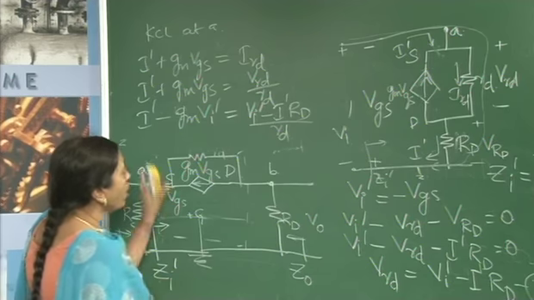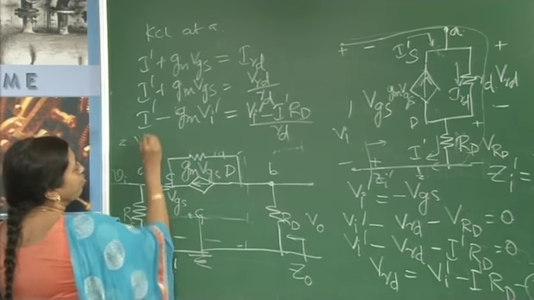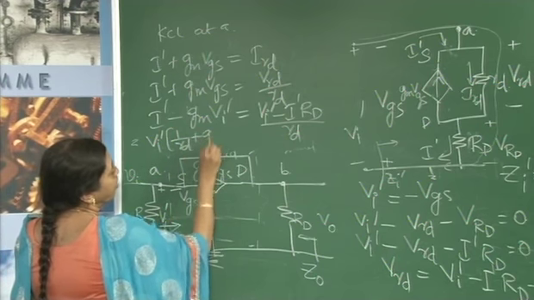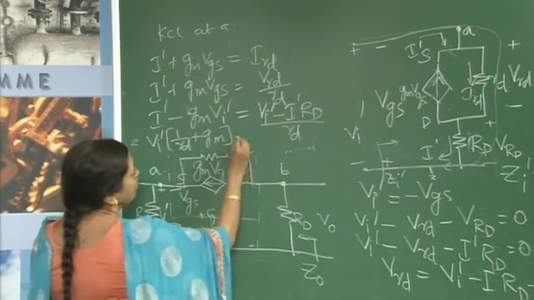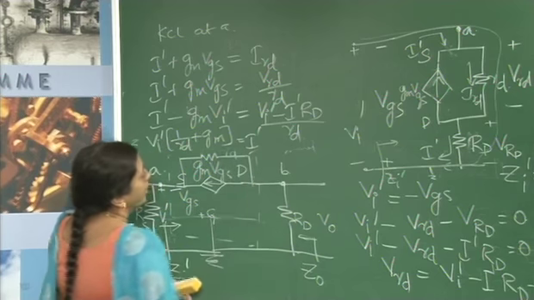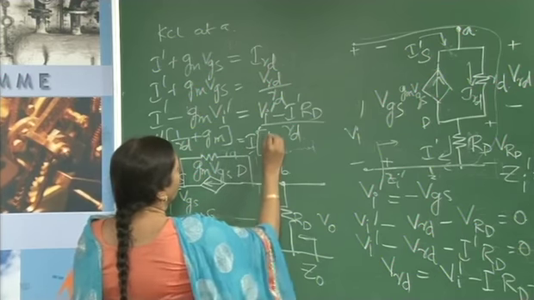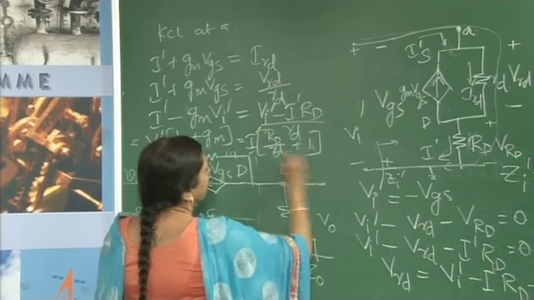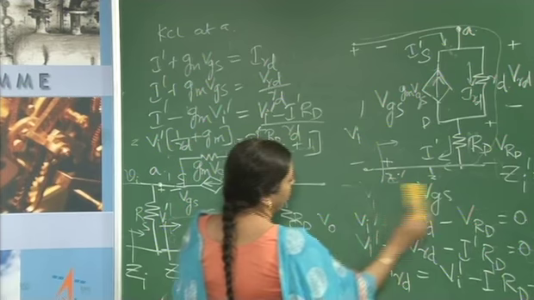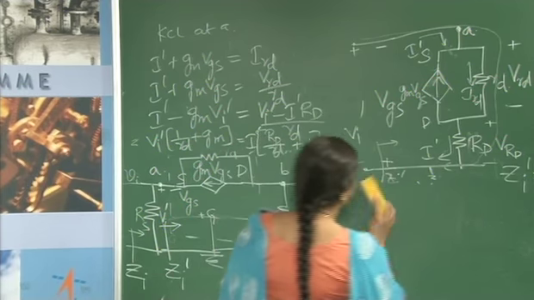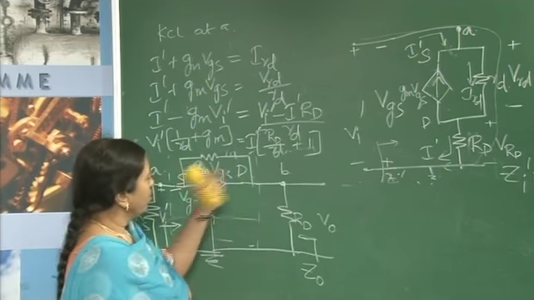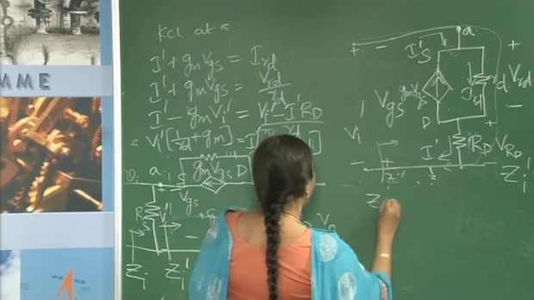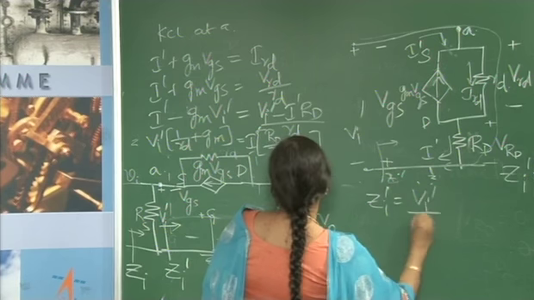Now, group all Vi dash terms. So, Vi dash will be 1 by RD plus gm. This is equal to, group all I dash terms, I dash into 1 by RD by RD plus 1. Now, we want Vi dash by I dash.